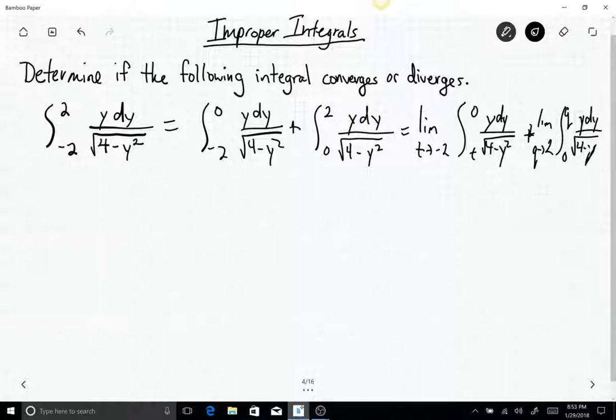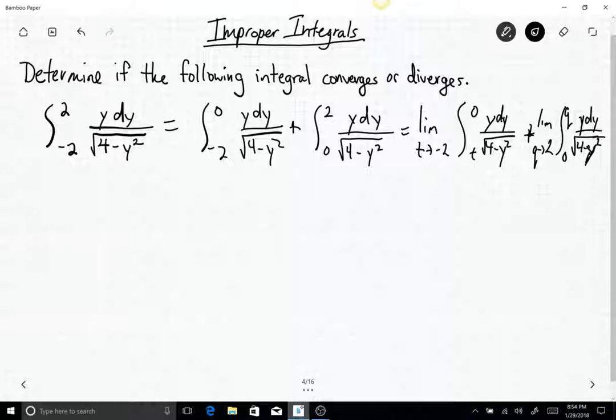My claim on a lot of these is that the struggle is not so much the limits themselves. The struggle is the antiderivatives for a lot of people. It might not be the case for you, but a lot of the problems I see involve the antiderivative. In this case, most people think, yeah, I can use trig substitution. And yes, you can, but there's a much easier way.